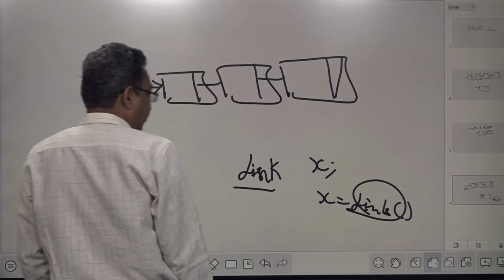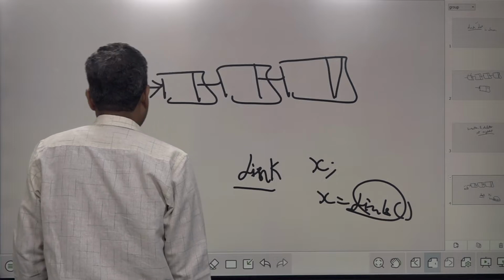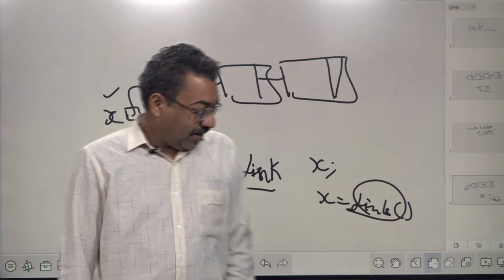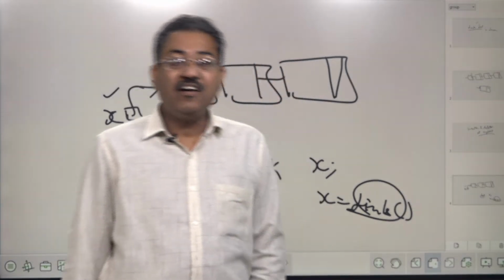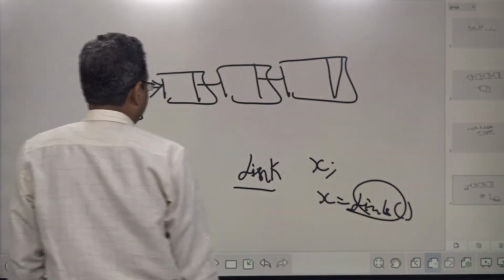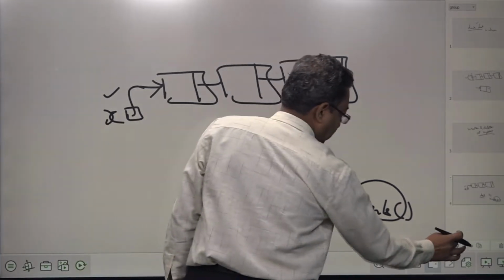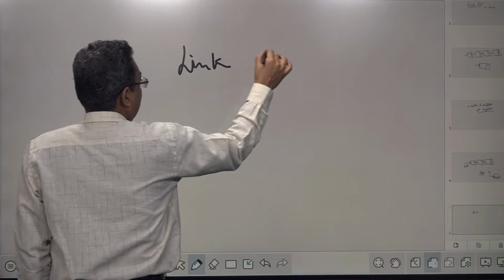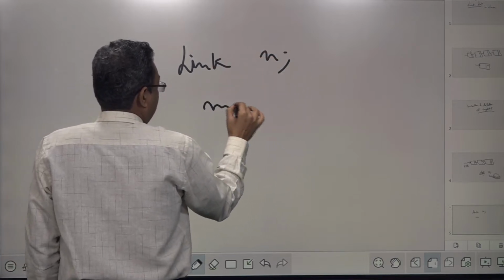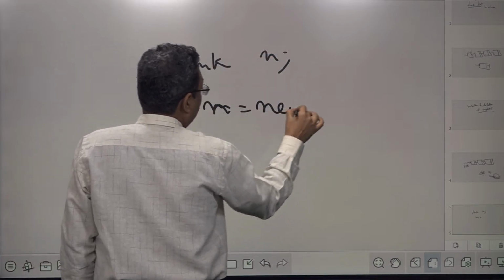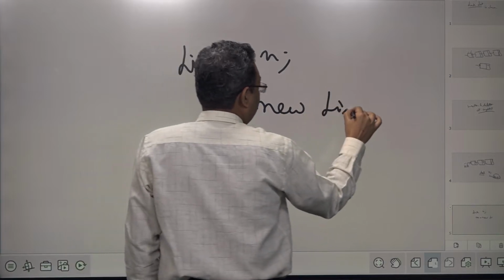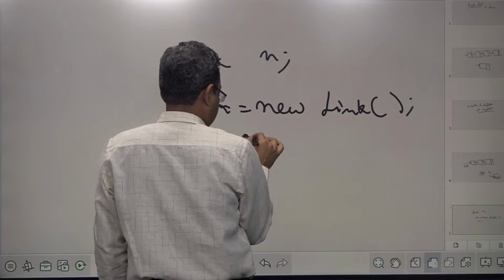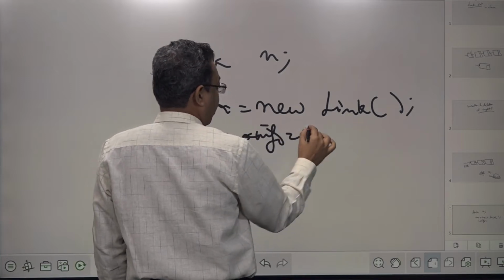So if I want to go for the insertion, what is the way? The same that we have already covered. Insertion needs a new node. So I will go for the creation of a new node using the constructor call, having an information part.